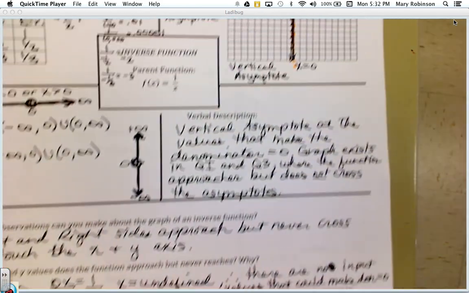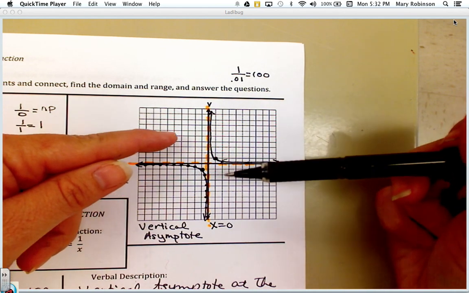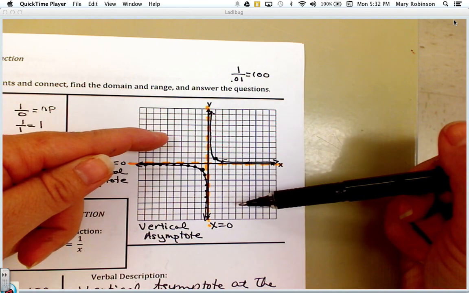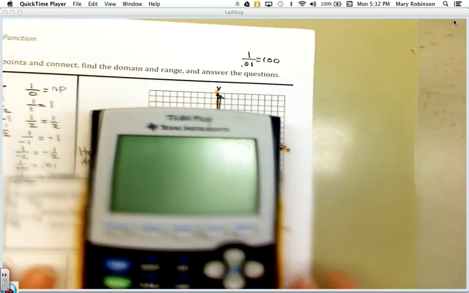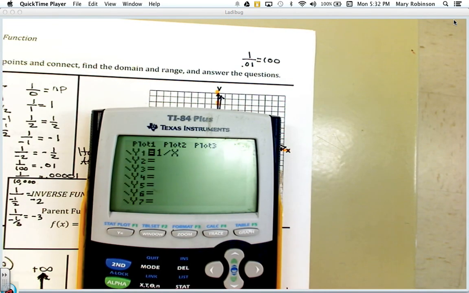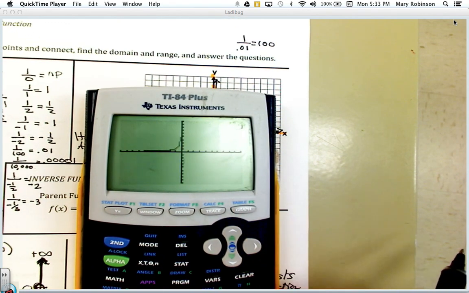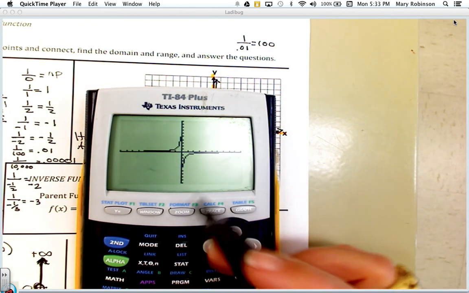So if you go back to thinking about this graph up here and what we know about other functions, if we wanted to switch those and make them appear in quadrants 2 and 4, then with other functions, we've had a negative a value. So let's consider that. If we want to switch quadrants, if I type in a negative 1 over X, let's see what the graph would look like. Oh, that does appear in quadrant 2 and in quadrant 4 by putting a negative.